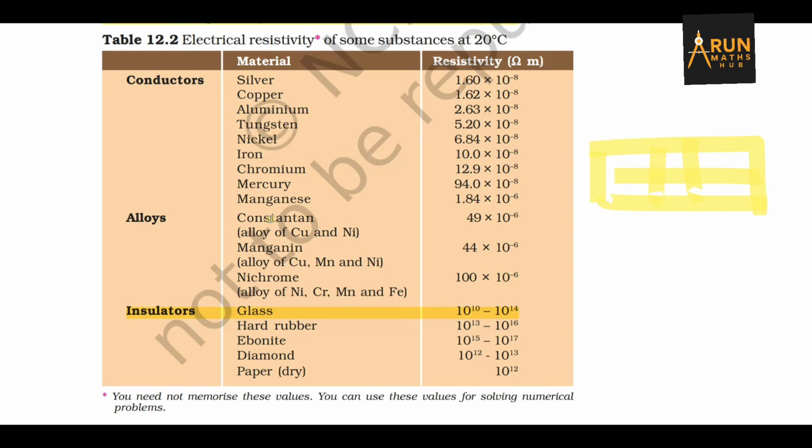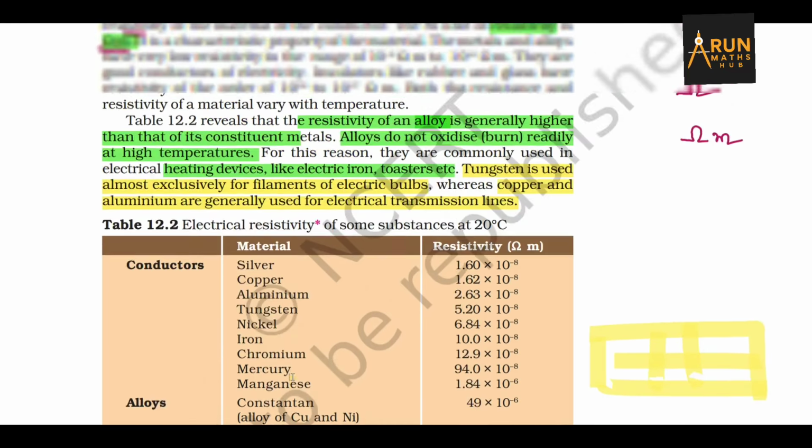You should tell which conductor, alloy or insulator has high conductivity. If the resistivity is more, that means the conductivity will be less. If the resistivity is less, conductivity will be more, which are inversely proportional.